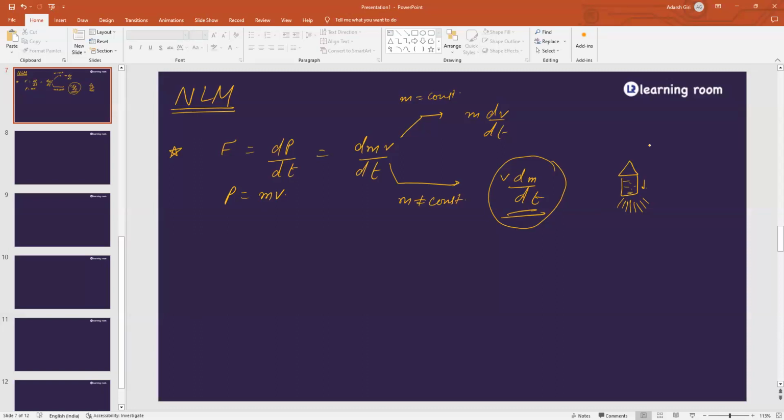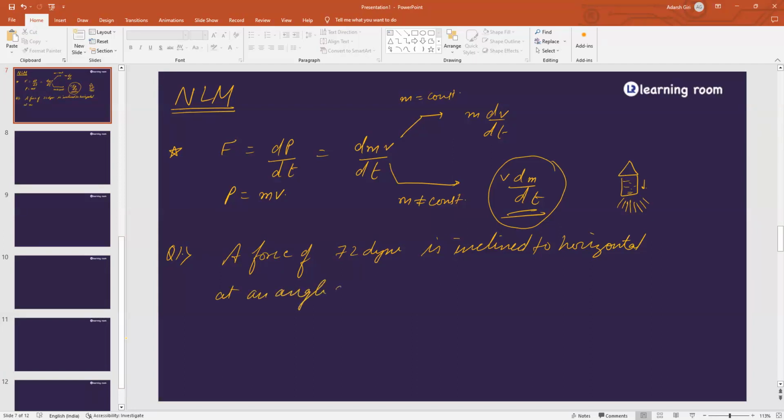I'll be giving you the basic question. First question says that a force of 72 dyne is inclined to horizontal at an angle of 60 degrees.